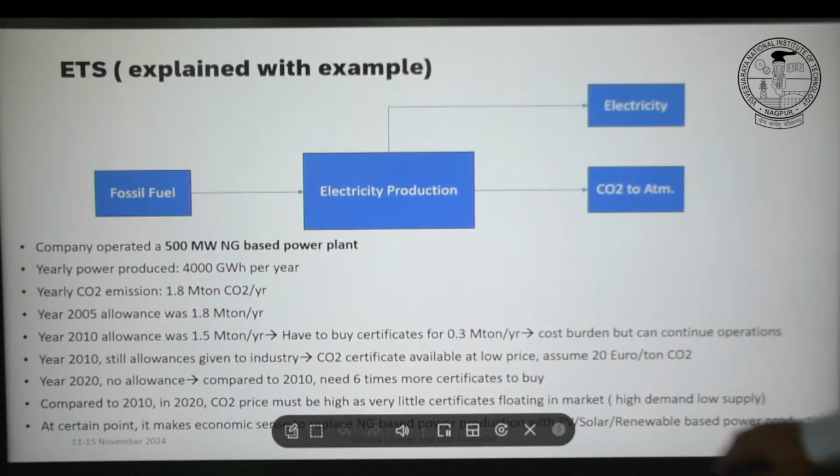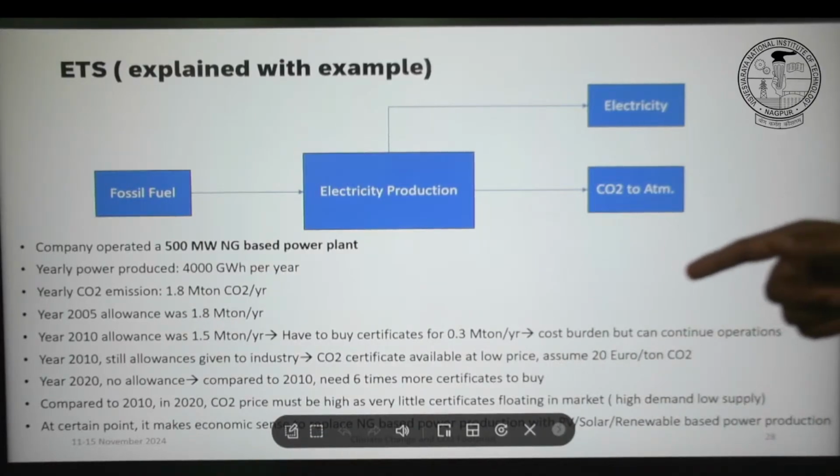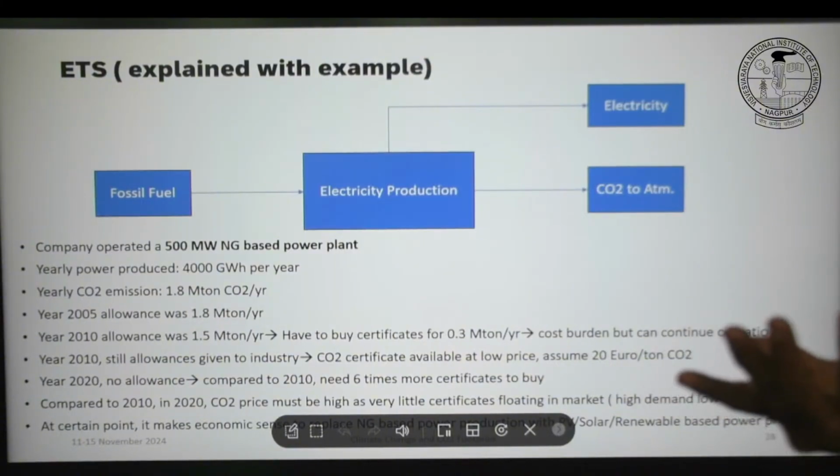So it's going up and up and up, and there will be a point where it will not make any economic sense to operate a power plant with natural gas. So we saw in previous slides that for 1 megawatt hour it was somewhere around 80 euros. If I have to pay for 1 megawatt hour electricity equivalent of CO2 more than 80, I will not do it, because I have a solution.